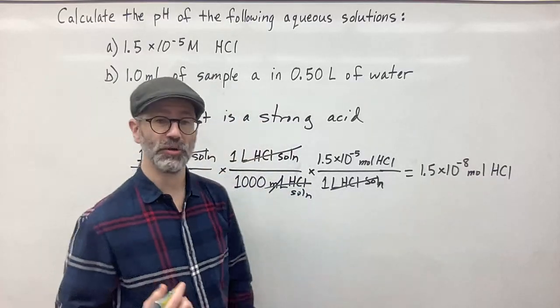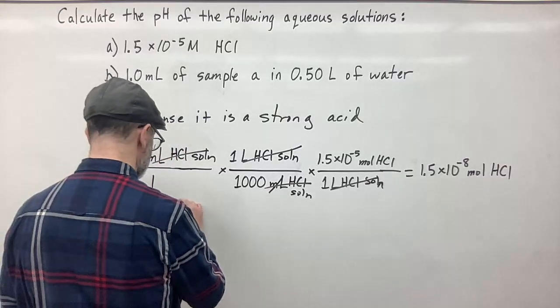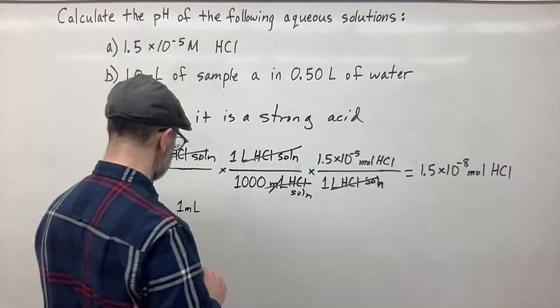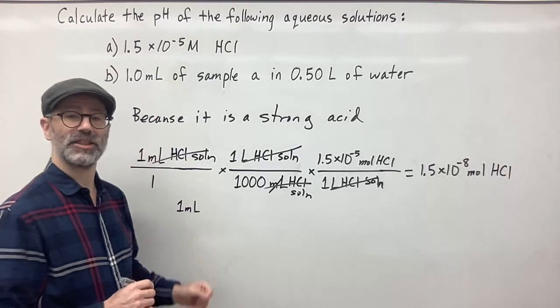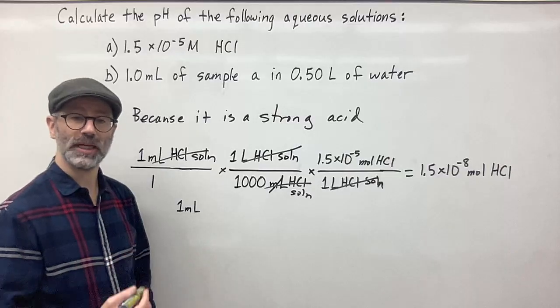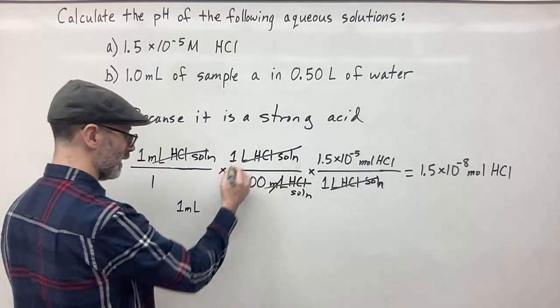Well, what's the new volume? We got to be careful here. We're taking 1 milliliter of the original solution in A, and we're going to add that to 0.50 liters, right? So if we divide by 1,000, we get liters.